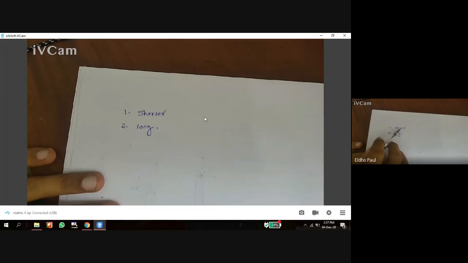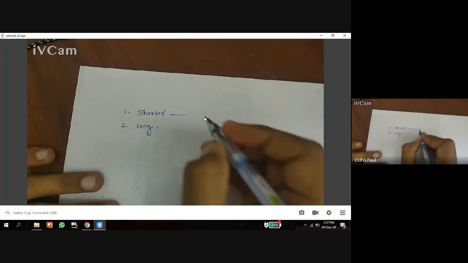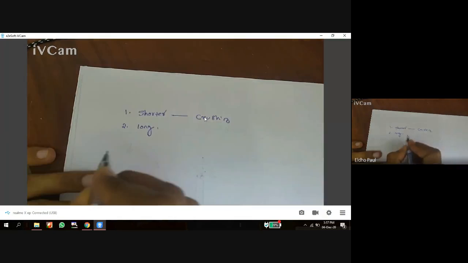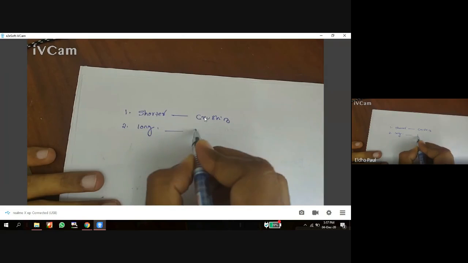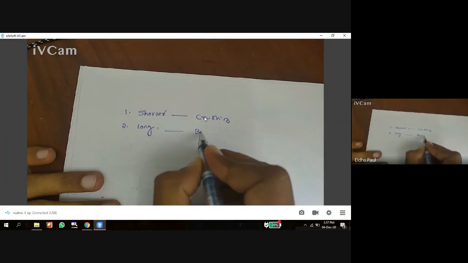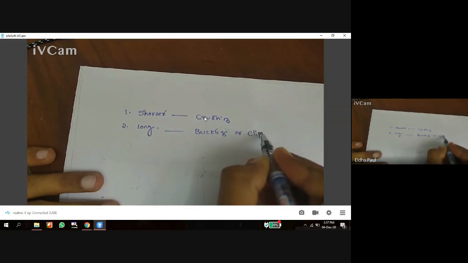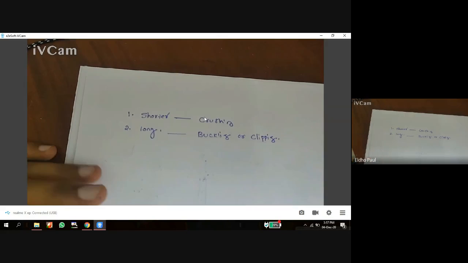The shorter column fails due to crushing, and the longer column fails due to buckling, or crippling. So these are the two failure modes of a column, and based on the failure modes we can classify the column into a shorter column and a longer column.